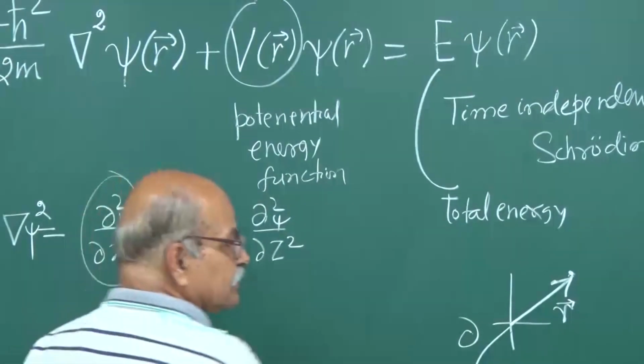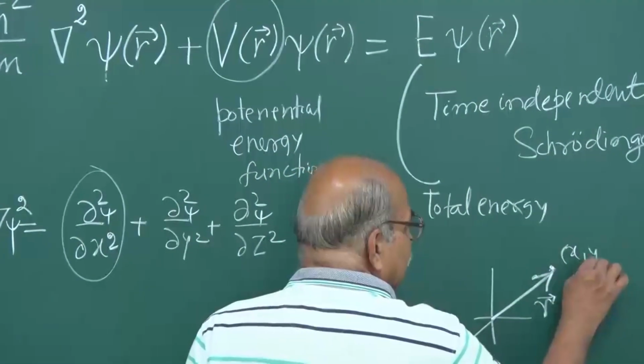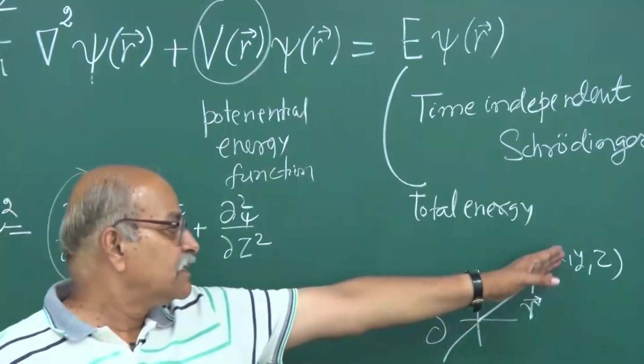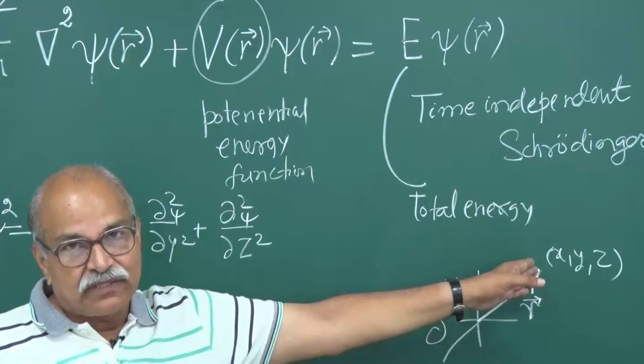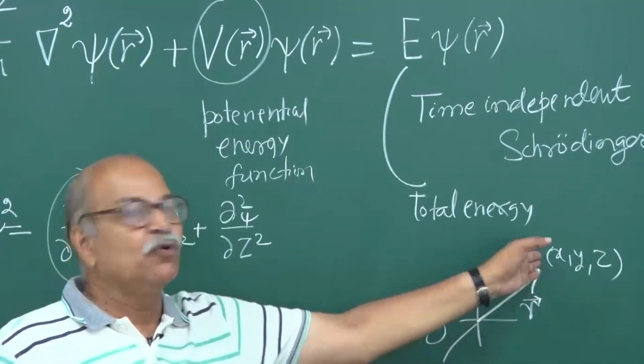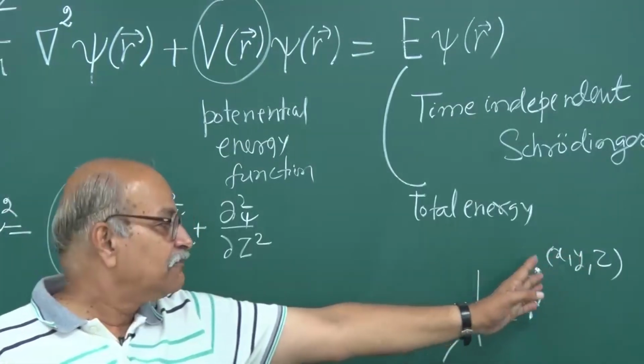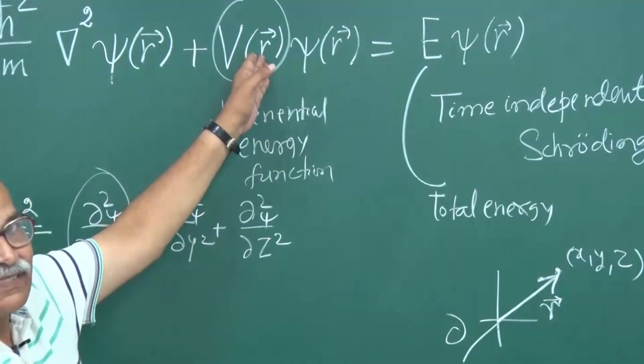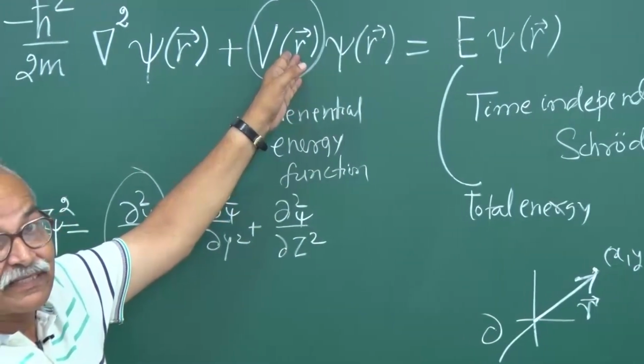I can write this in terms of x, y, z, or r, theta, phi, or any other coordinates I use. Give me x, y, z, I know which point you are talking about, or give me the point, I will know what x, y, z are. So this psi is a function of x, y, z if I am using Cartesian coordinates.